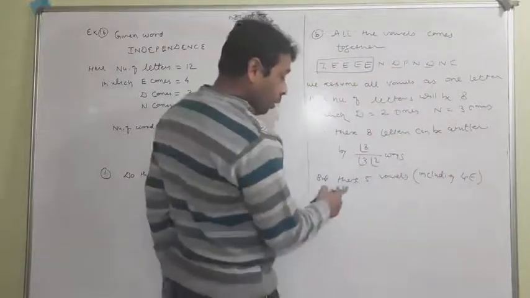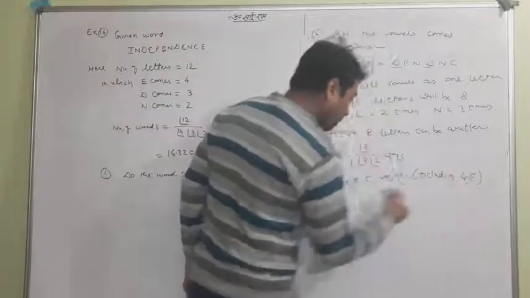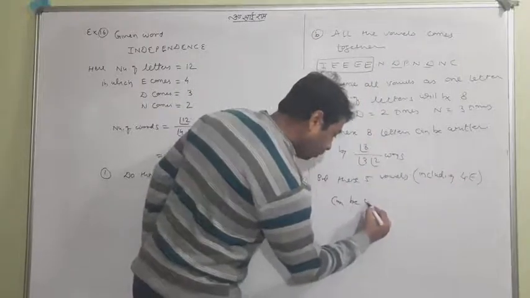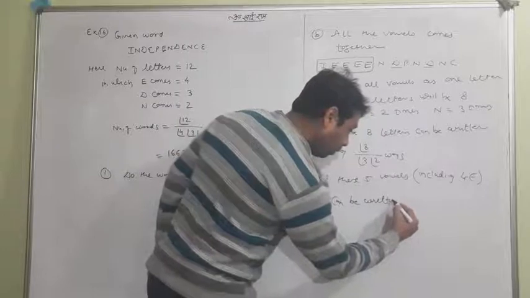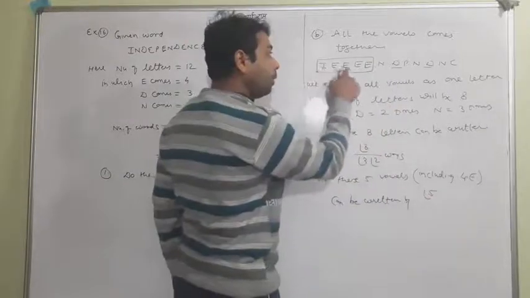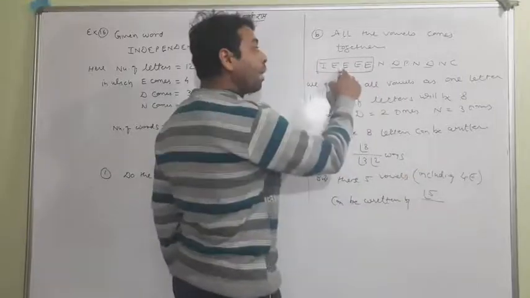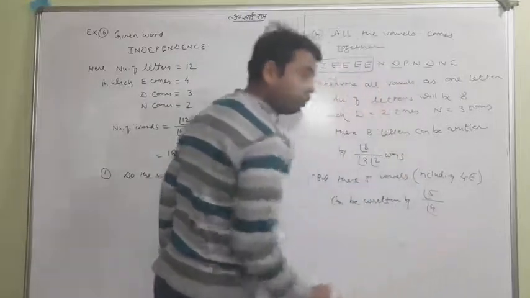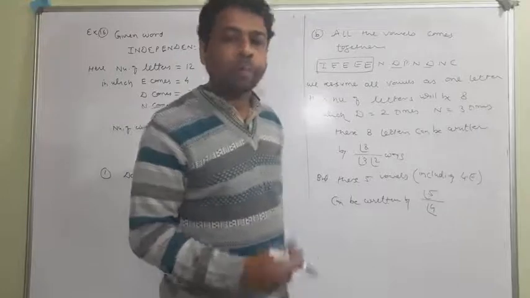These five vowels can be arranged in how many ways? Factorial 5, but 4 times E is coming, so I will divide by factorial 4. Don't be surprised, but do the practice.